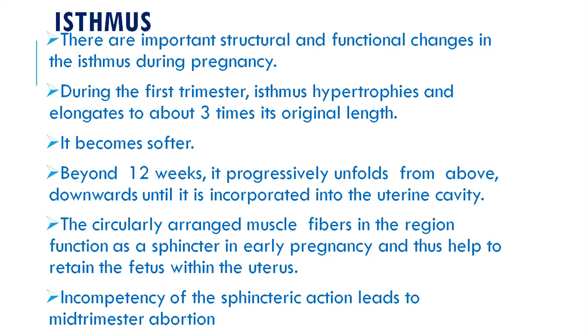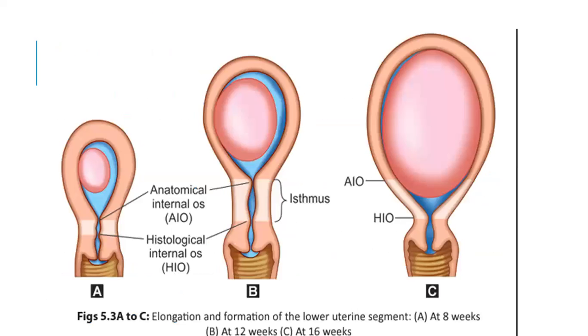Beyond 12 weeks, it progressively unfolds from above downwards until it is incorporated into the uterine cavity. The circularly arranged muscle fibers in this region function as a sphincter in early pregnancy and thus help to retain the fetus within the uterus. Incompetency of sphincteric action leads to mid-trimester abortions.